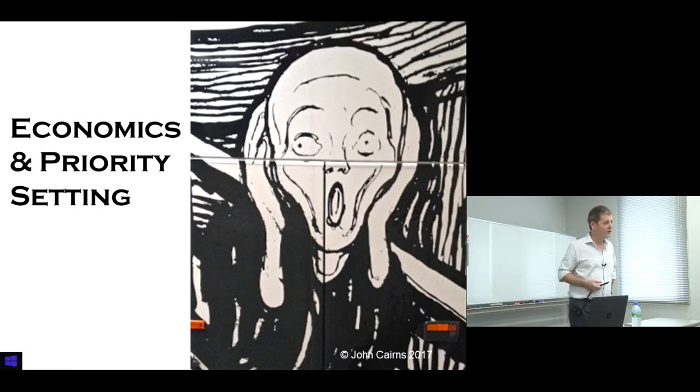We just get on and do things. And we seem happy enough with the results. So what I want to talk about in this lecture is a number of reasons why we may not be happy to leave things to the marketplace in healthcare.